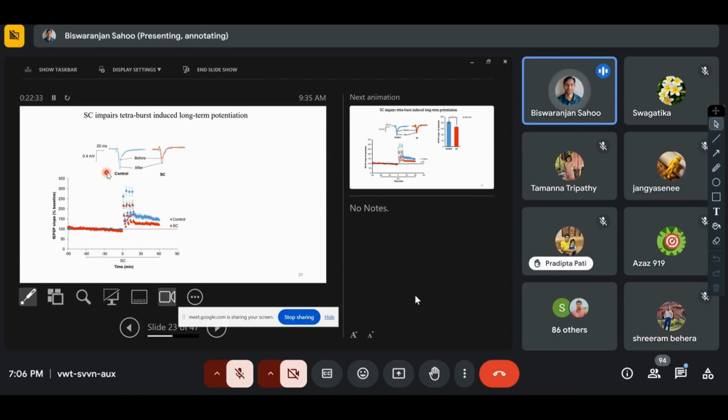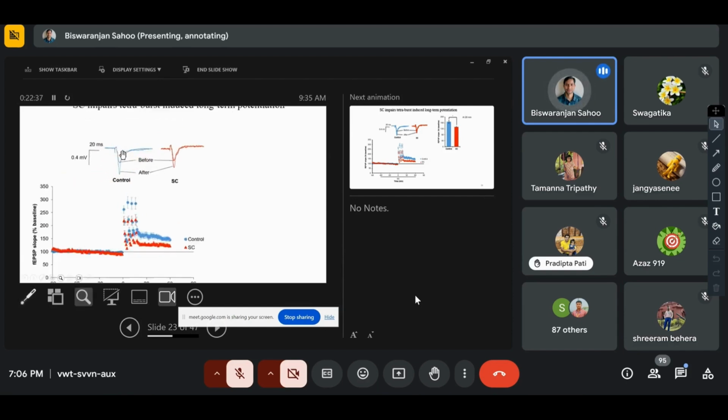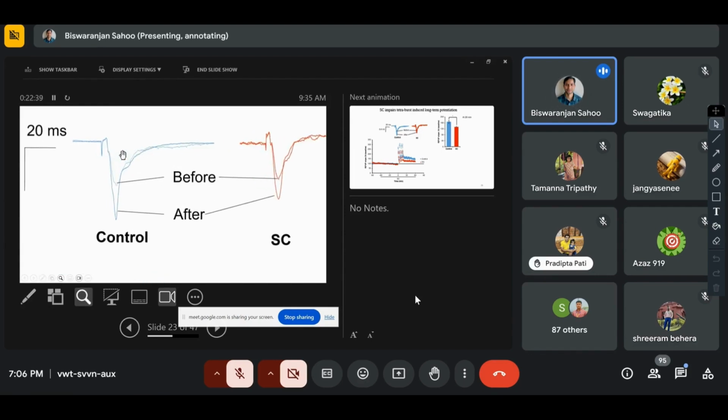We found that yes, the sodium chlorate actually impairs this LTP. You see these traces. I'll zoom out a little bit. I show you that cursor. This is before stimulation, and after LTP, using that protocol, there is a more downward response, which means a greater voltage slope.